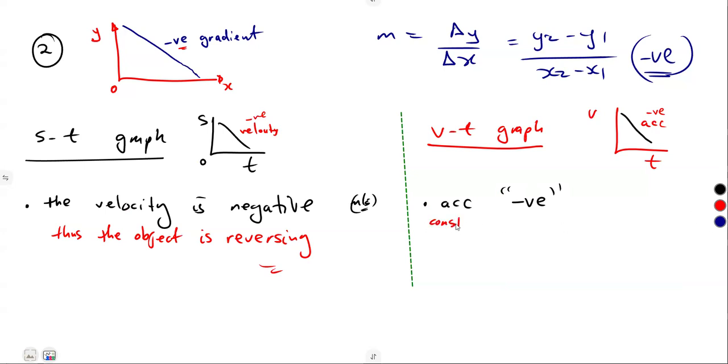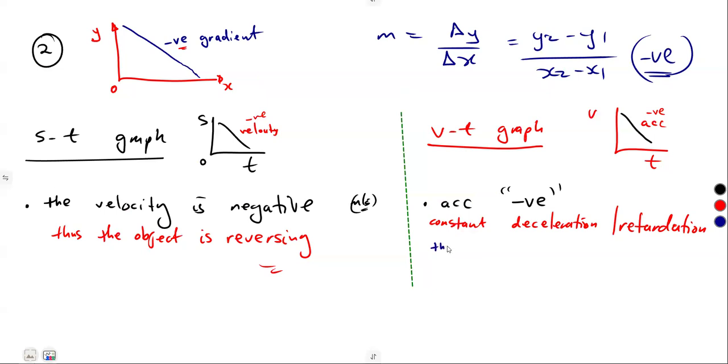So you're talking about a constant deceleration, since it is constant, or retardation. Deceleration is also referred to as a retardation, meaning to say the velocity is decreasing in actual sense.